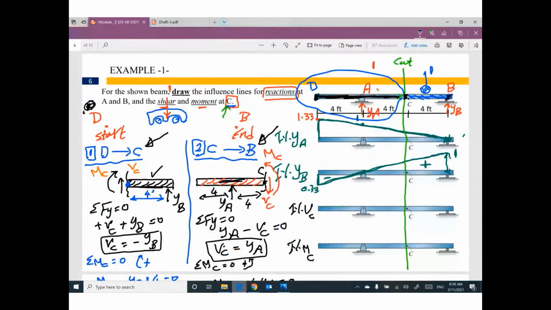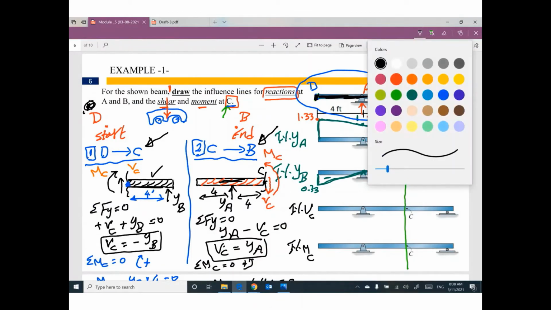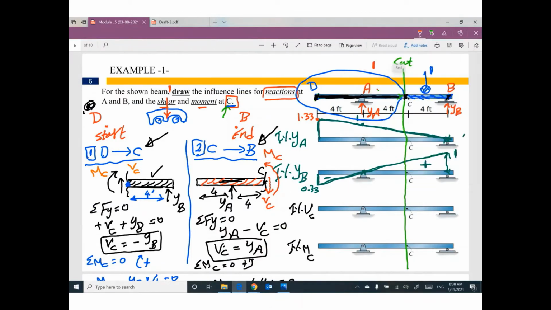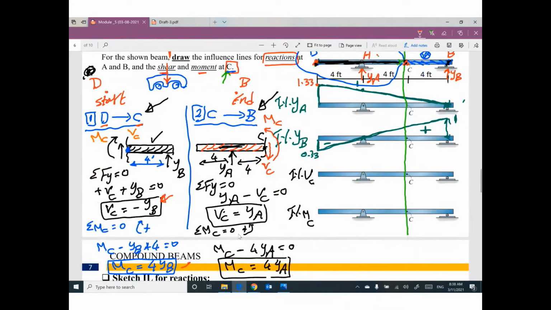Okay, guys, let's start to play another game. I believe you did it when you were in elementary school. From D to C, based on your calculation, we are looking for YB.